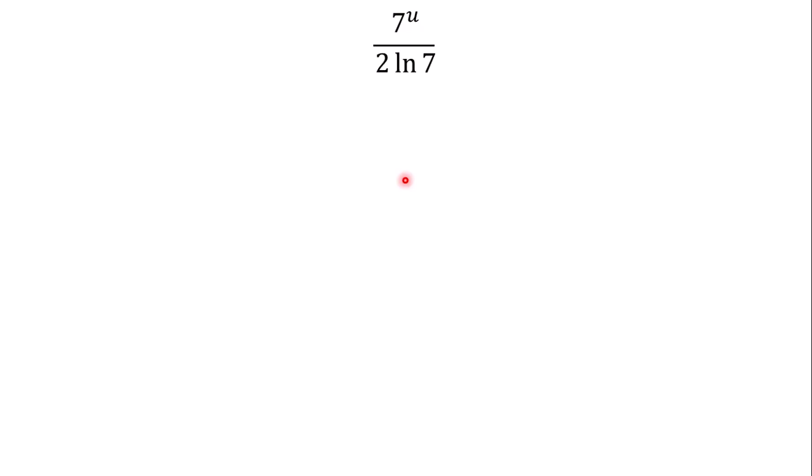Now we have moved from the u world, but still we haven't reached the x world. Here we know that u is equal to 2x plus 10. So 7u divided by 2 ln 7: wherever we see this u, we replace it with 2x plus 10.